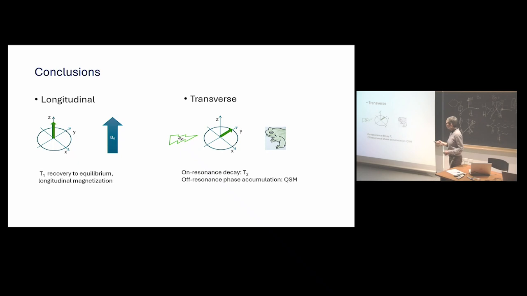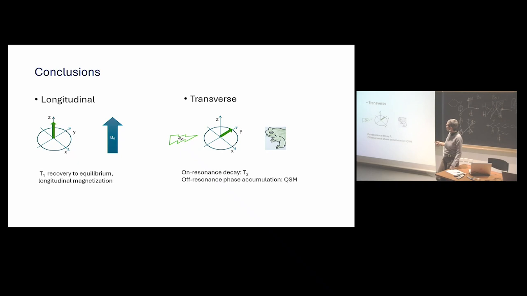Okay, so in conclusion, I hope that you have been convinced that we have a longitudinal magnetization component and a transverse magnetization component, and that we cannot observe the longitudinal component directly. We need excitation pulses in order to observe it. But we can still manipulate the longitudinal magnetization to measure T1 recovery by varying the inversion time.